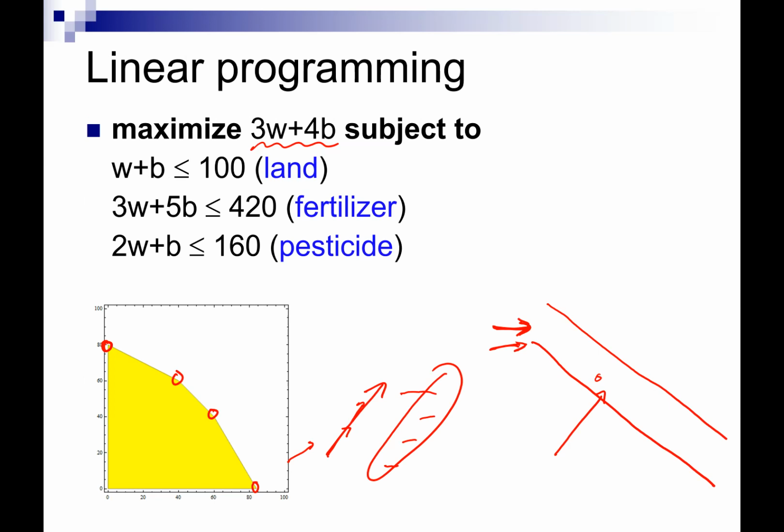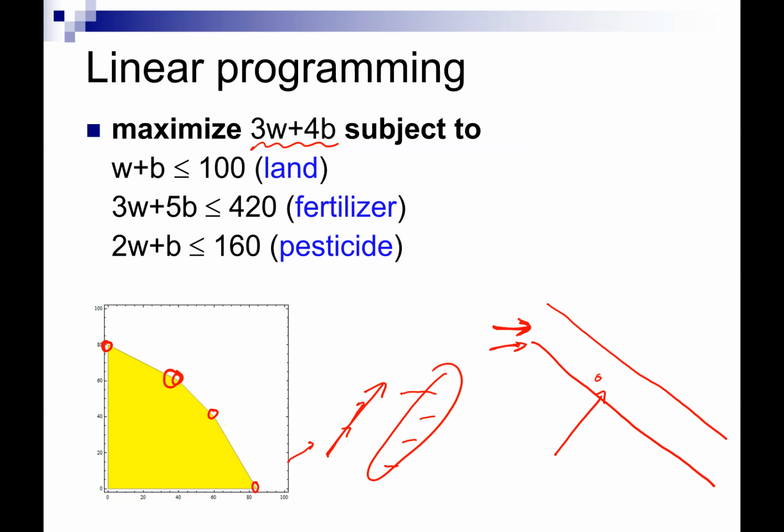But even with 100 constraints, each of these extreme points is only going to be formed by the intersection of 2 of these constraints. So even if we had 100 constraints, the optimum, which is over here, is formed by 2 of these constraints. That means that the other 98 constraints are actually redundant.